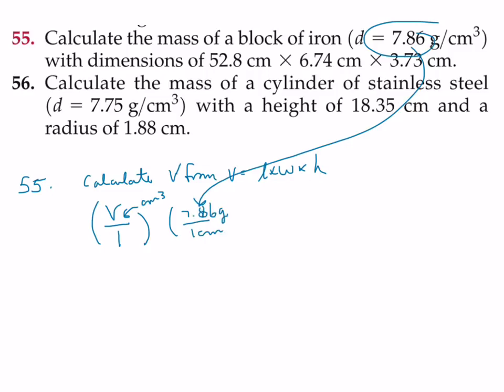Units for volume are going to be cubic centimeters. Then just like we were doing before, plug in the density. But remember, I want units to cancel, so you're going to put units of cubic centimeters in the bottom and units of grams in the top. And that's my hint there.